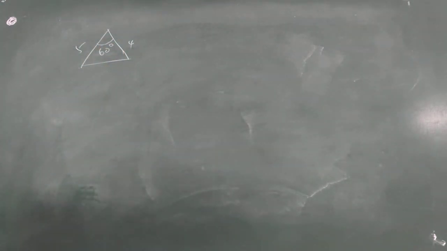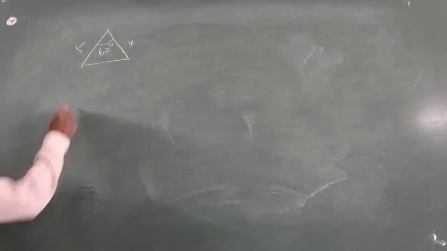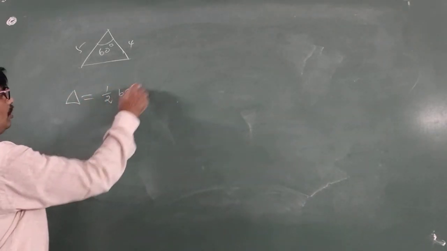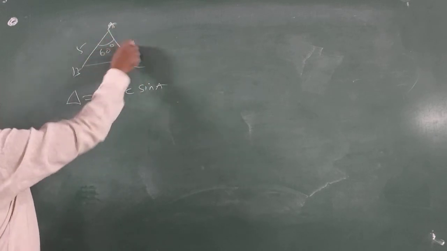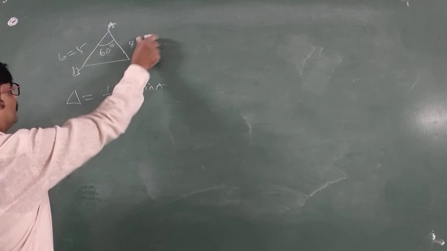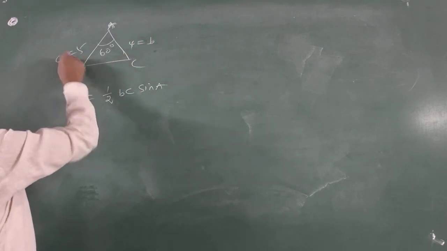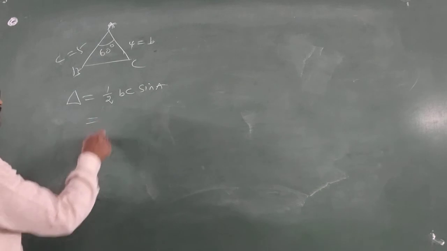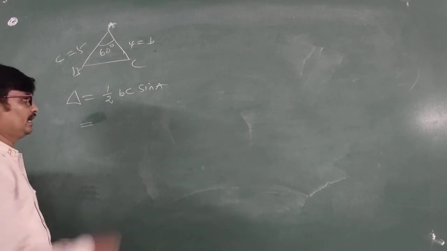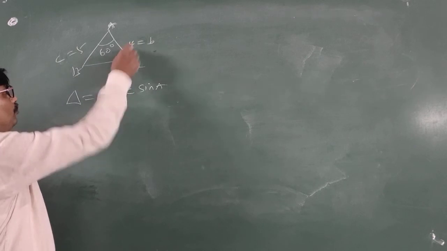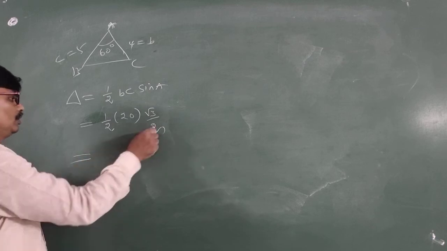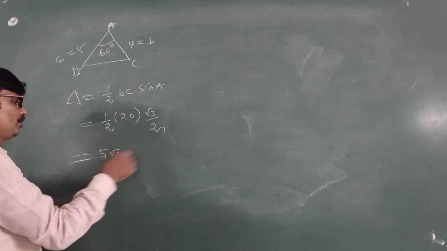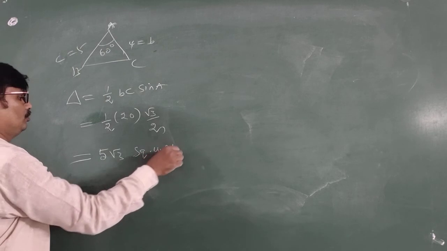Then the area of the triangle, delta, equals half bc sin A. This is b, this is c. Half bc, 4 fives are 20, sin 60 degrees is root 3 by 2. 2 twos are 4, 4 fives are 5 root 3 square units.